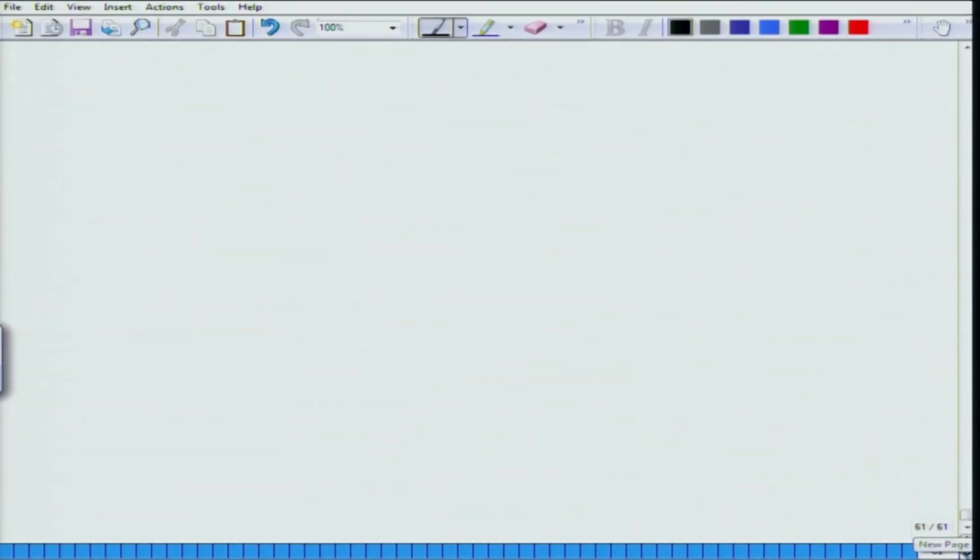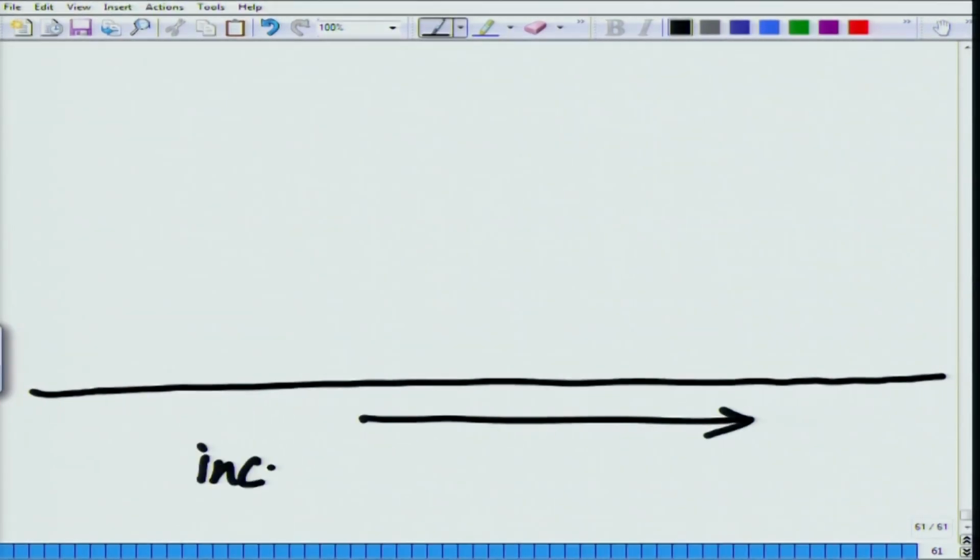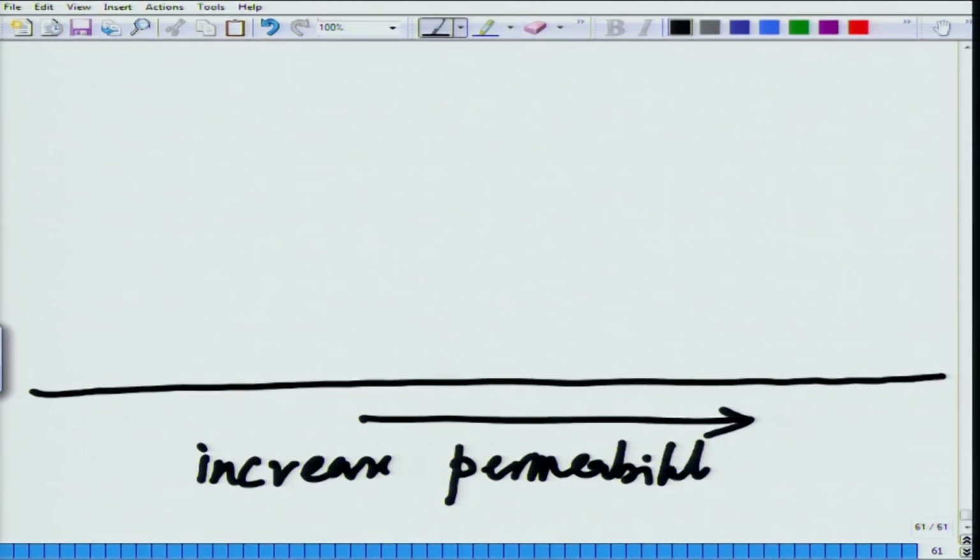And if I draw a scale of the permeability of different components through the lipid bilayer in terms of increased permeability, if I have a scale like this, increasing permeability, the unit will be permeability in centimeter per second, that is it.